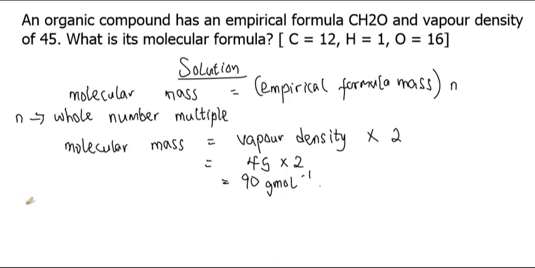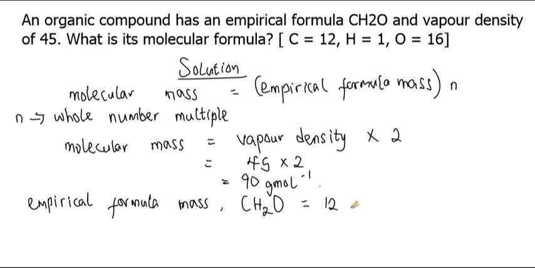For the empirical formula mass, from the formula we have CH2O equals, so we'll be summing the atomic mass of each of the elements present here. For carbon, we have one atom present, and atomic mass of carbon is 12, so we just have 12.